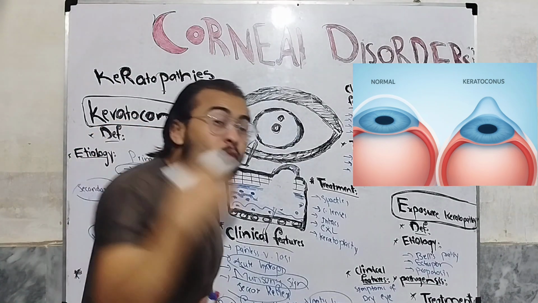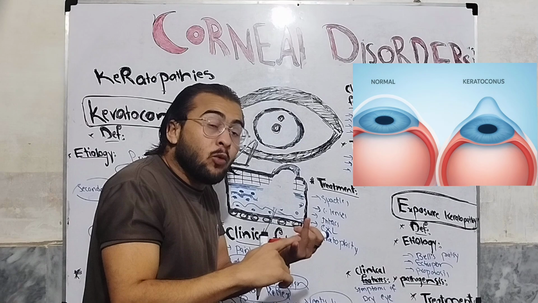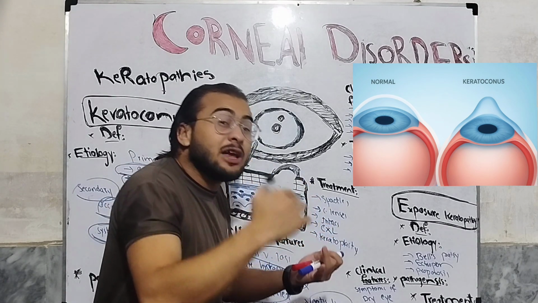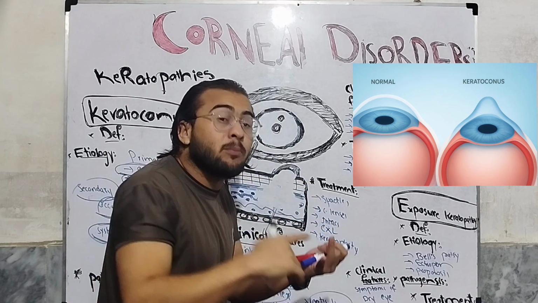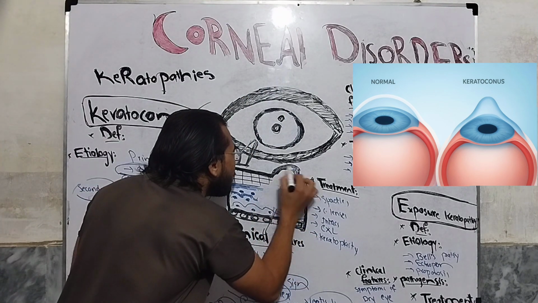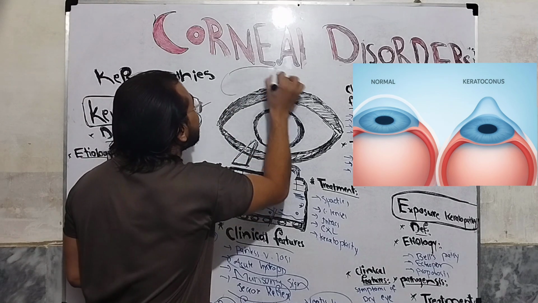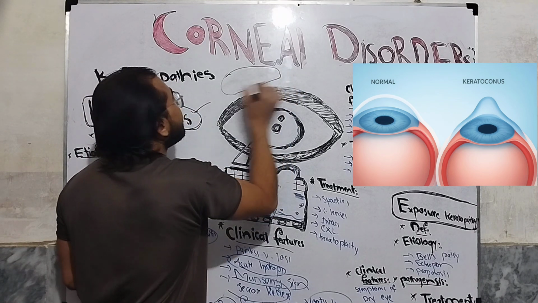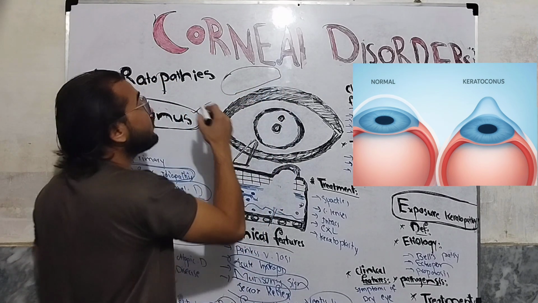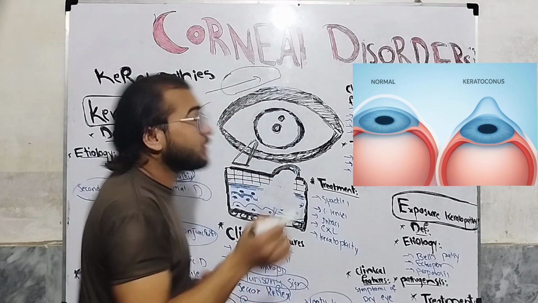Now, how will the patient present to us? The patient will present with painless gradual visual loss in the form of myopia and astigmatism, as there is bulging out of the cornea. The light rays will not reach the retina because of the bulging of the cornea.